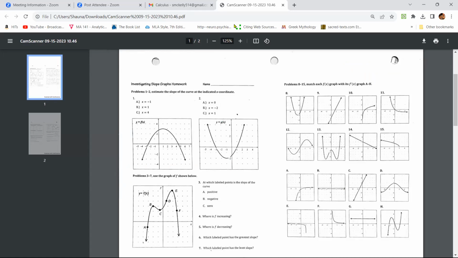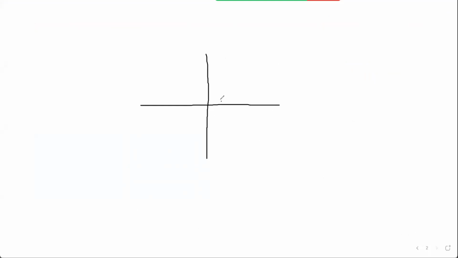There's a point there. I'm not too concerned that that's exact, but that's approximately where we are. At that point, our tangent line is almost horizontal. It's not quite because the function is still increasing.